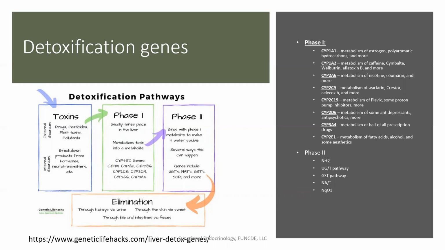Now, we use knowledge of these phase 1 and phase 2 pathways in psychiatry. They frequently will order genetics for patients who haven't responded to regular treatment, because possibly that regular treatment wasn't good for that particular patient, because the medication was either metabolized too fast or wasn't metabolized enough, and maybe there was an interaction, and so on and so forth.